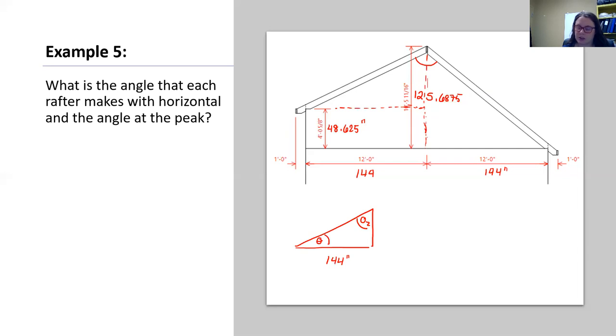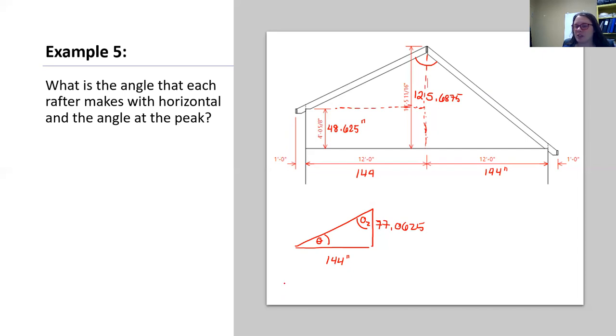I had a calculator error come up. And it gives me the same number, so it must have been behaving properly. Trying to use a stored number and it wasn't 100% sure. So 77.0625. If I want to know the angle at the bottom, I'm going to use tangent.